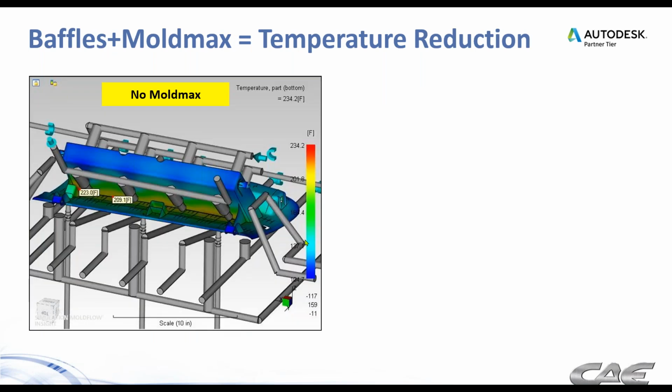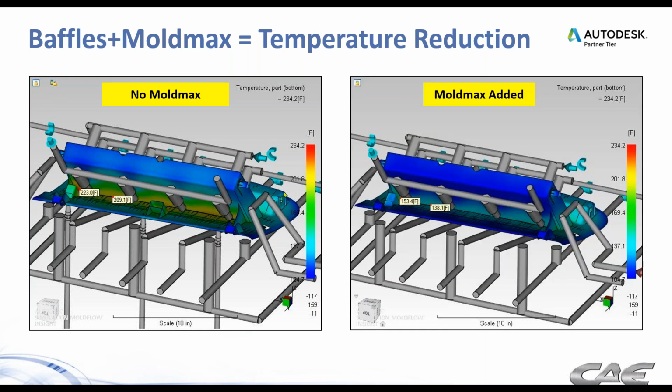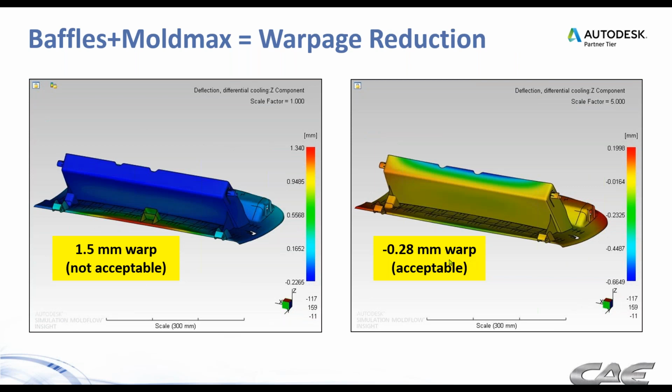And here's the temperature reduction from the no Mold-Max design compared to the Mold-Max design. You can see now we dropped it 70 more degrees from where it was, keeping the baffles as I mentioned. So now we have pretty darn uniform temperature distribution in that tight corner.